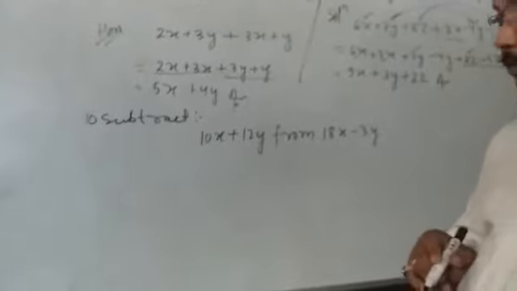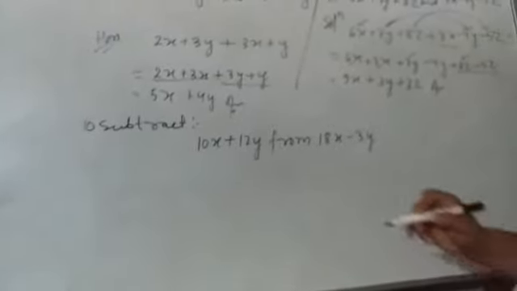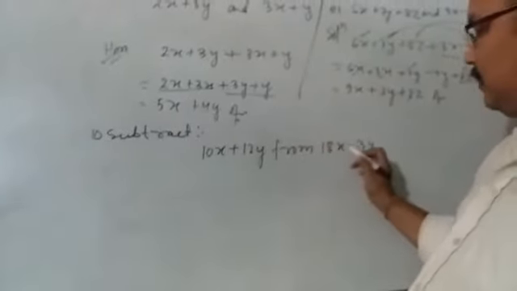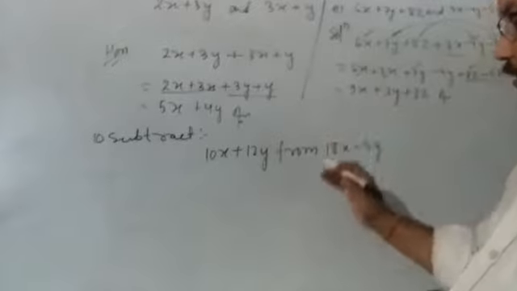So in these questions, how to solve the problem? In subtraction, when "from" comes between the two expressions, the second expression you write down first.